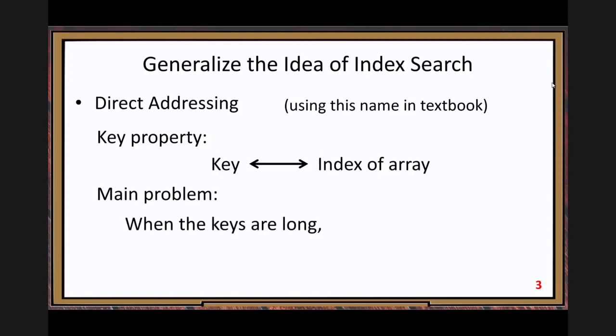When the keys are long, because in the real world, many times the keys used for data search are based on your business requirements. So you cannot put restrictions on it. For example, we use student number as the search key. Can you put any limitation on student number?